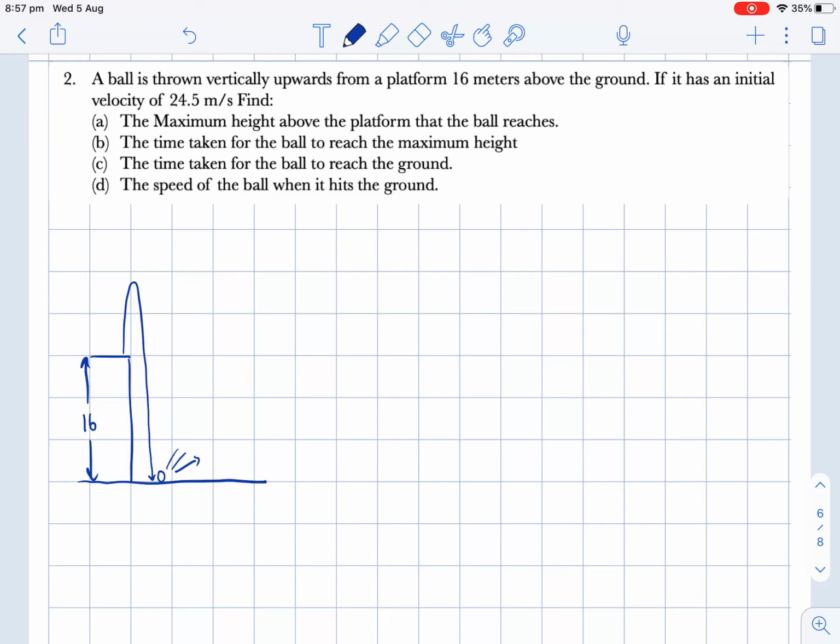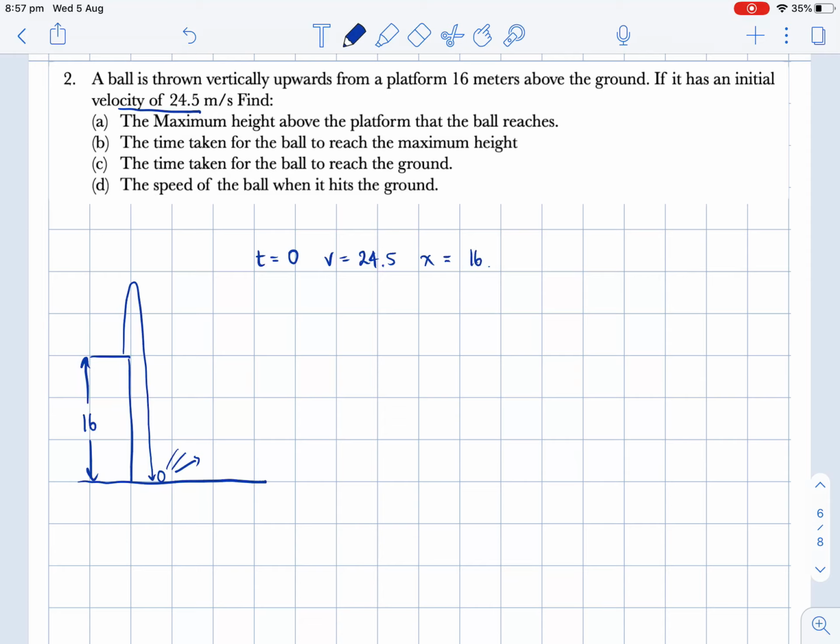So I know initially the velocity is 24.5 metres per second, so when t equals 0, v equals 24.5, and x equals 16.